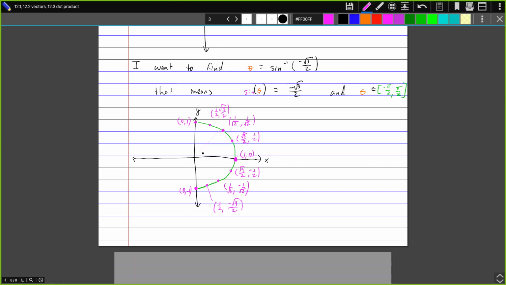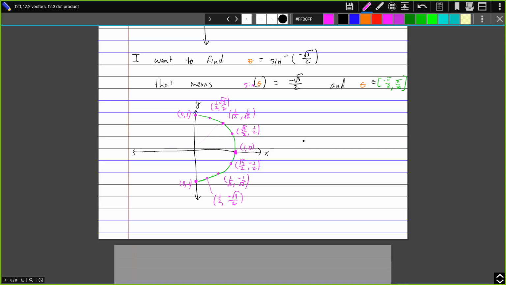Everything is on the right side of the y-axis, so all the x values are positive. Now I just need to find the one that corresponds to minus root 3 over 2. Sine is the y-coordinate, so that's this guy right here.